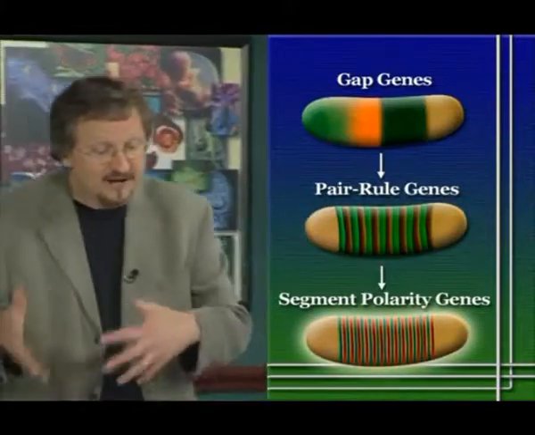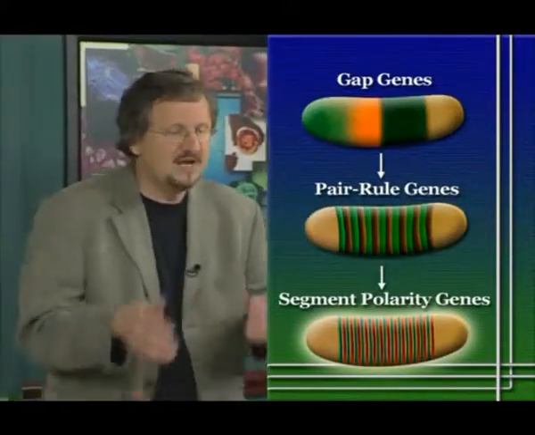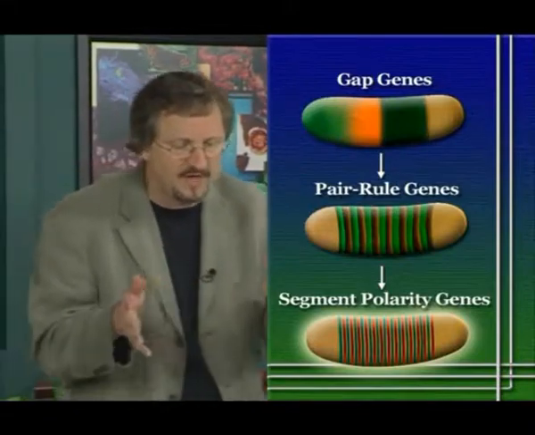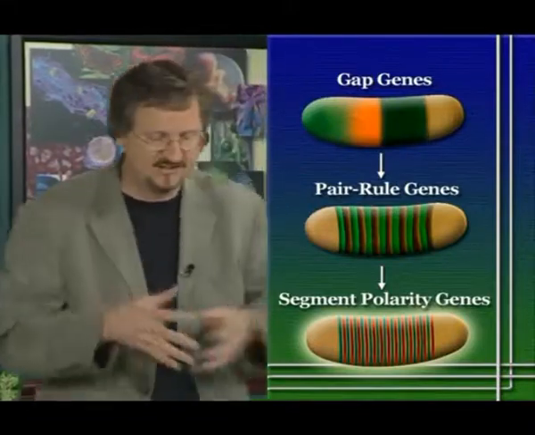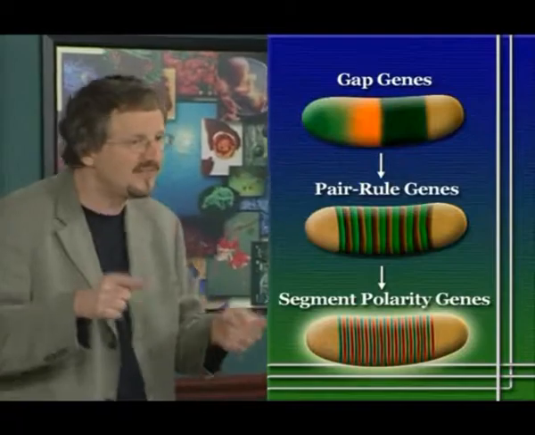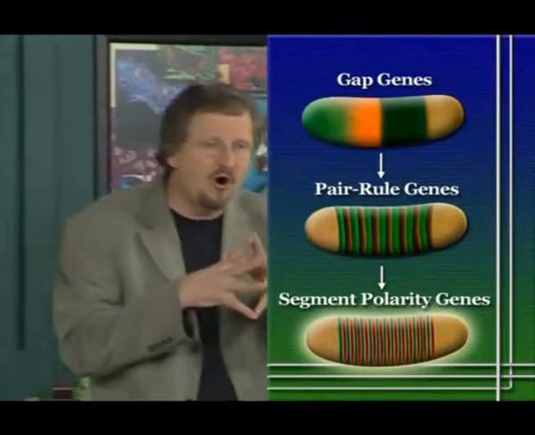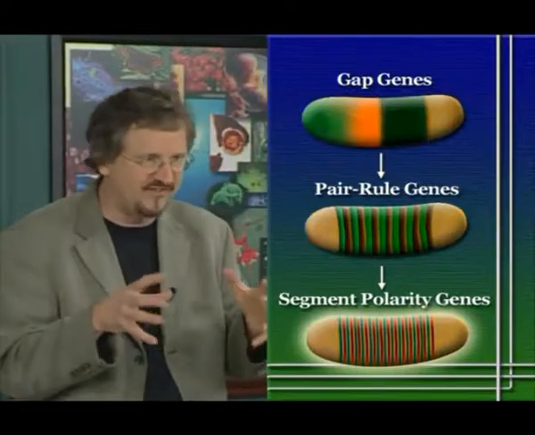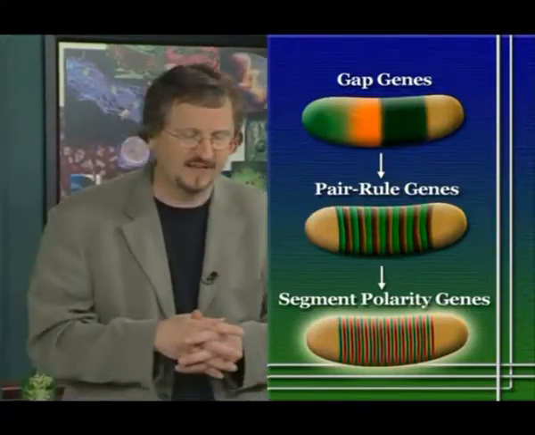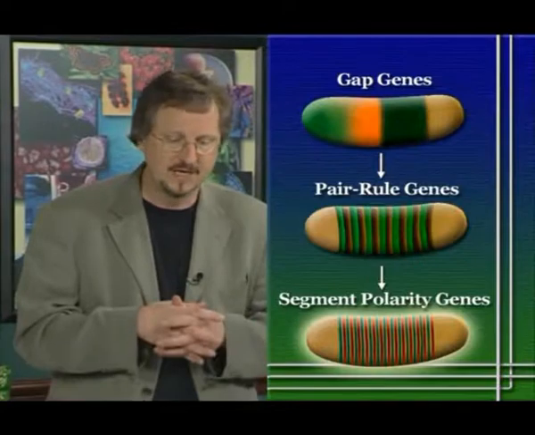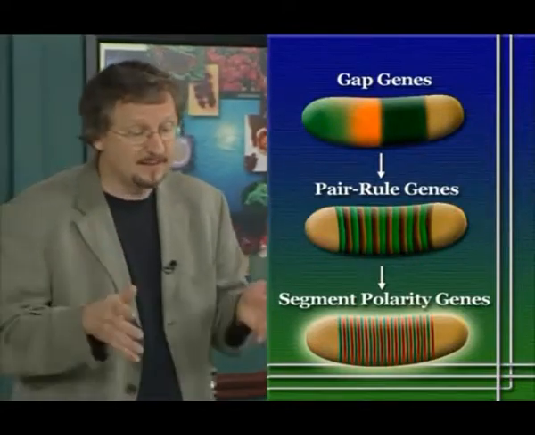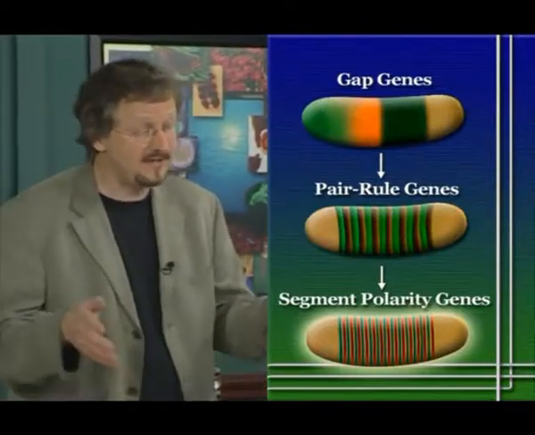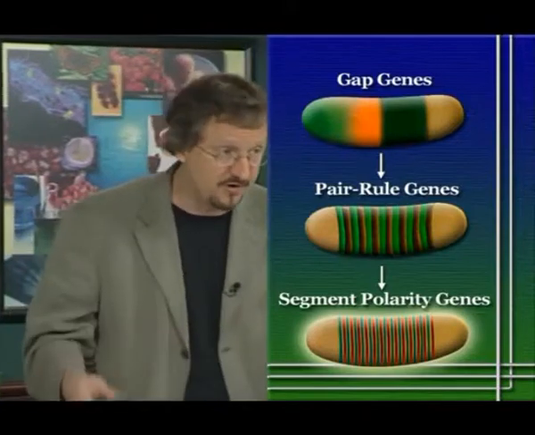The segment polarity genes are responsible for establishing the anterior to posterior orientation or asymmetry within each section. So if you have a mutation of a segment polarity gene, you'll have all the right number of segments in the animal, but the internal organization of segments can be screwed up in one way or another. Now, the products of these segment polarity genes are, again, transcription factors which go on to turn on and off other genes.